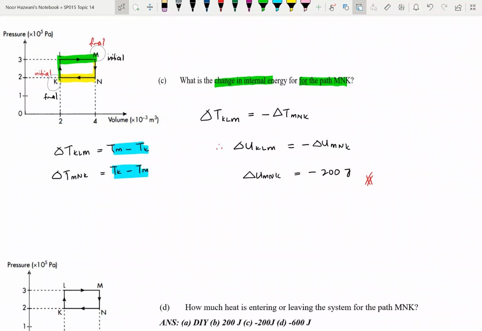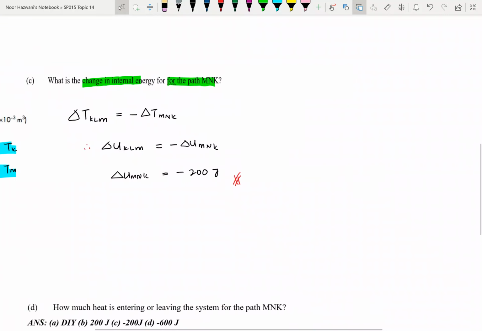That's all. No calculation needed. What's important is you must understand the concept. Internal energy depends on the temperature. Okay. Because the internal energy formula we learned before, delta U is equal to f/2 nR, T final minus T initial.